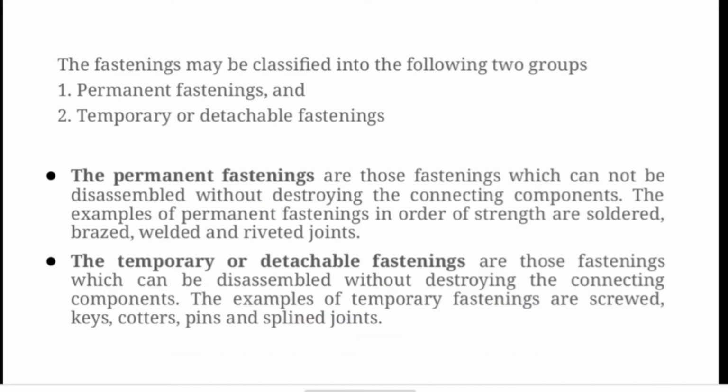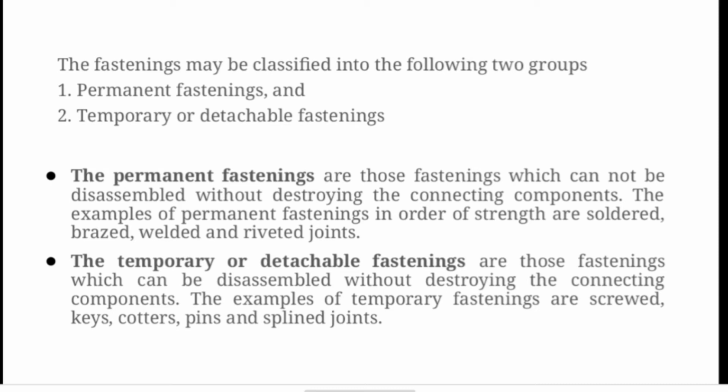In this slide, before we see the methods of riveting, we can understand what permanent fastening is and what temporary fastening is. Fastening is nothing but joining. Our rivet joint comes under permanent fastening.